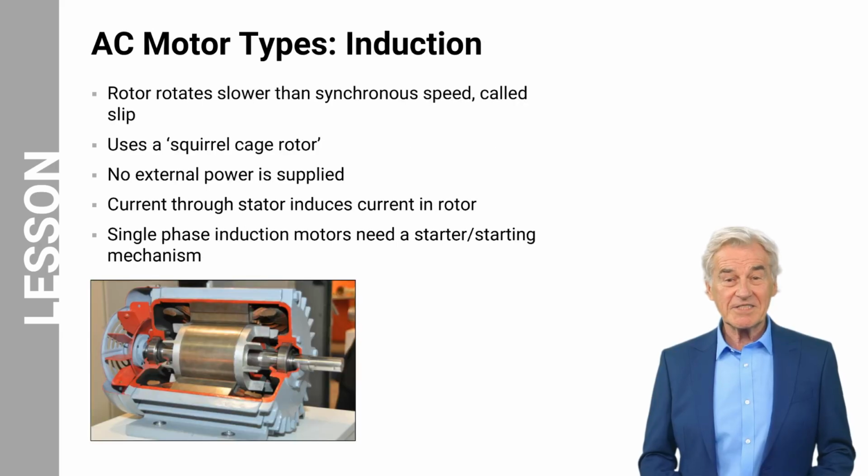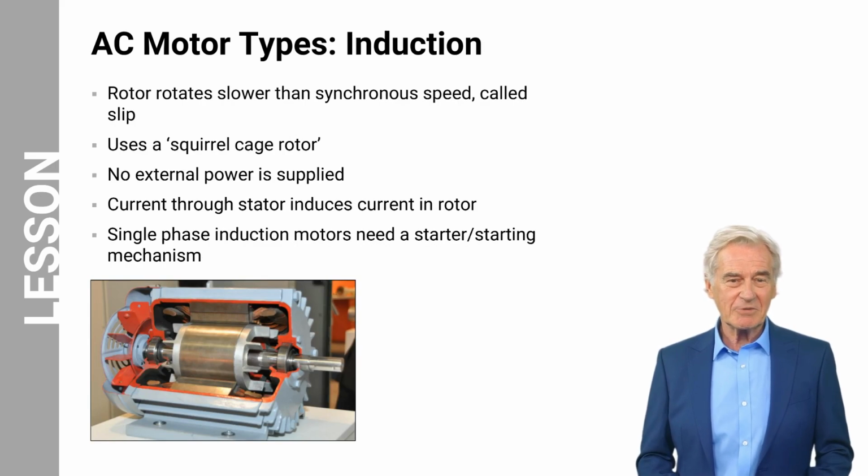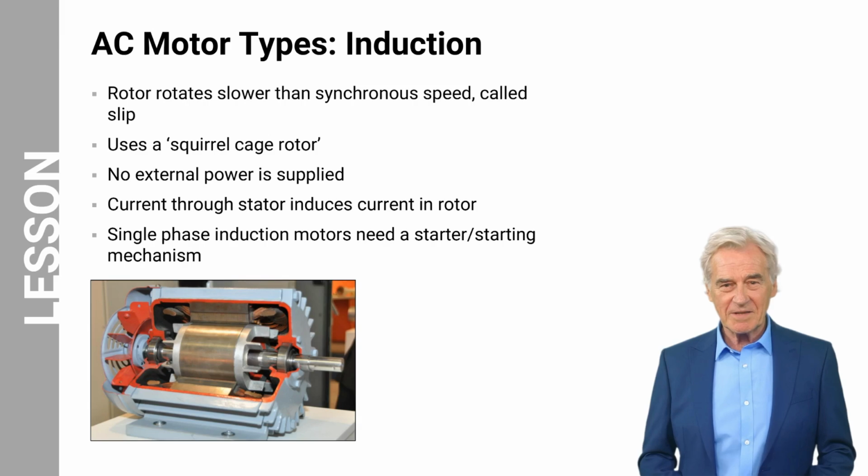The next type of AC motor is the induction motor. In contrast to synchronous motors, induction motors operate at a slightly slower speed. The rotor's rotational speed is always slightly less than the speed of the rotating stator field. This difference in speed is known as slip. The rotor of an induction motor typically consists of a squirrel cage design, essentially a cage-like structure with embedded windings.